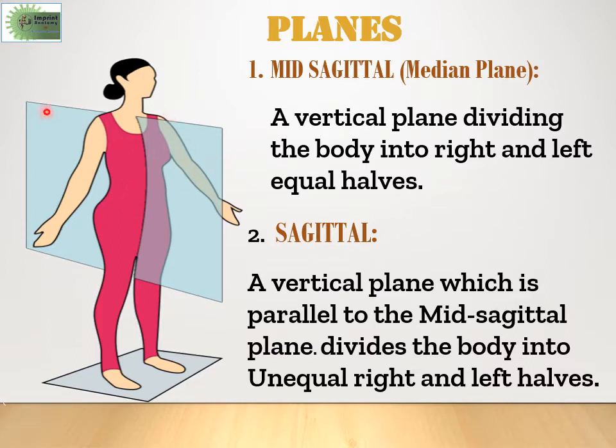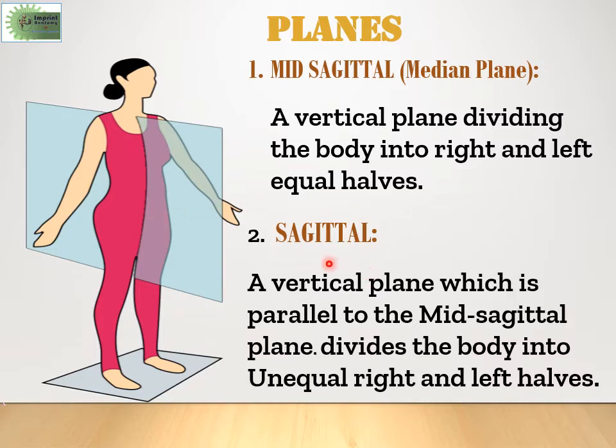This is the division which I can say is the mid-sagittal or median plane. If you cut in this section, this is the right side and this is the left side of the body. In a single sentence, a median plane lies vertically and it divides the body into two equal halves.